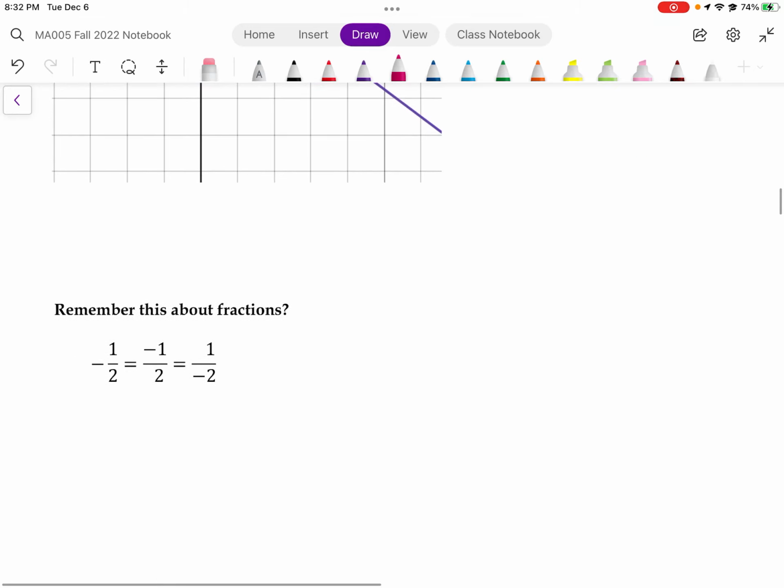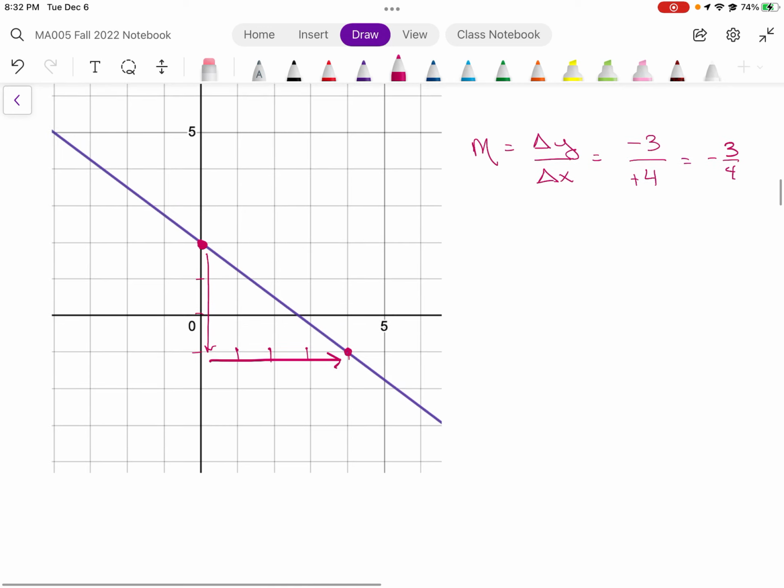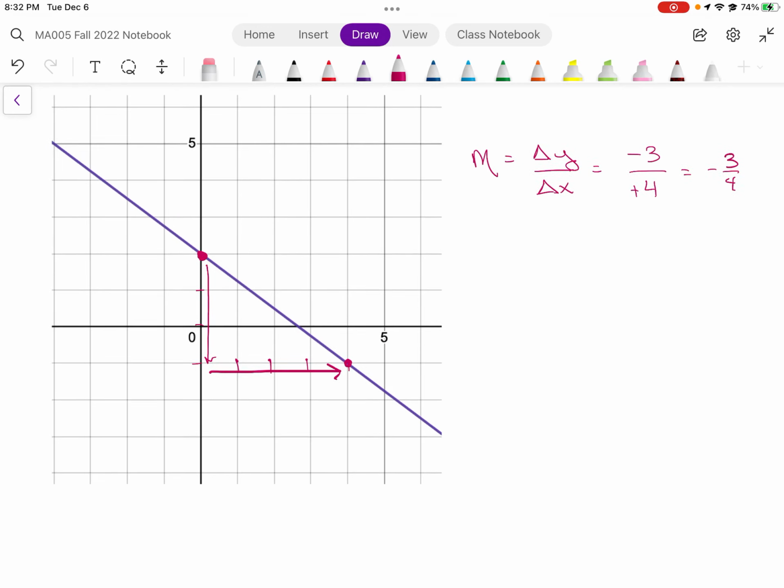So remember this about fractions. Remember when you have a negative 1/2, that is the same thing. It equals negative 1 over 2, and it also equals 1 over negative 2. So remember, at the top is the change in y, the bottom is the change in x. It doesn't matter which one's negative. So it doesn't matter which way you count. Right? So we could come back up here and count the other way.